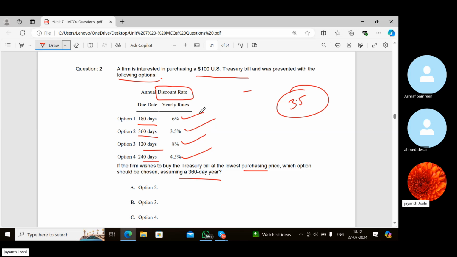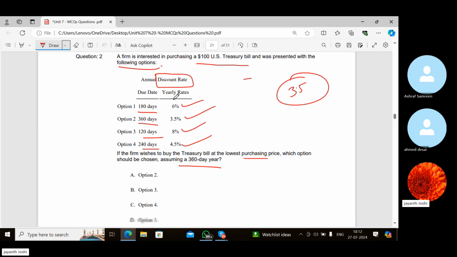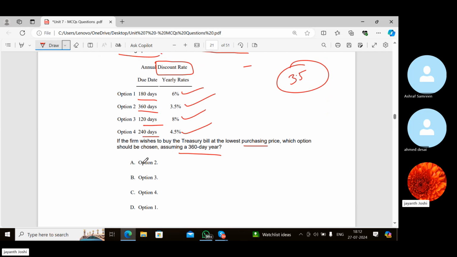So you can do one thing. See, if I have to say lowest purchasing rate, let's do one thing then. Option 2. We will take these 4 options.